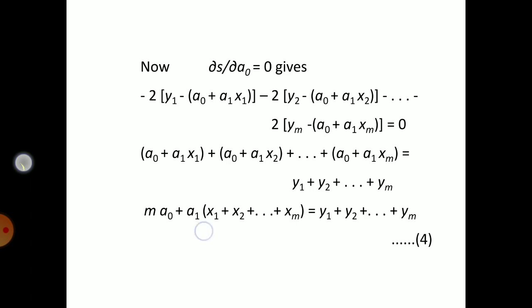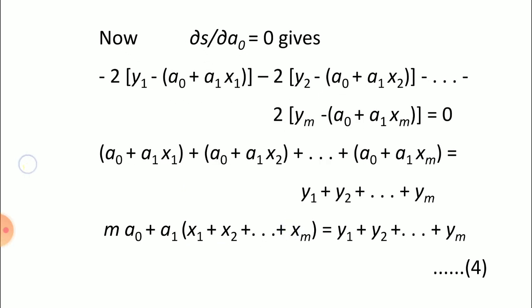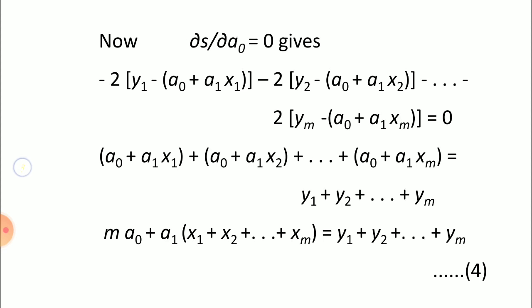We can take a1 common, and what is remaining inside the bracket? x1 plus x2 plus on xm, and take the right hand side as it is, y1 plus y2 plus on ym. Okay, this is equation 4, which can be written using the summation formula as m a0 plus a1 summation of xi, i goes from 1 to m, is equal to summation of yi, i goes from 1 to m. This is equation 4.